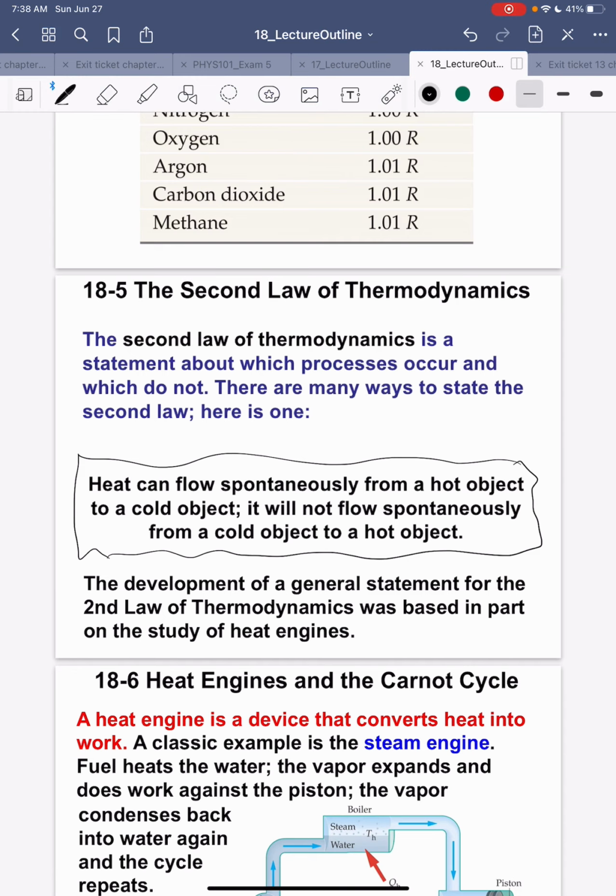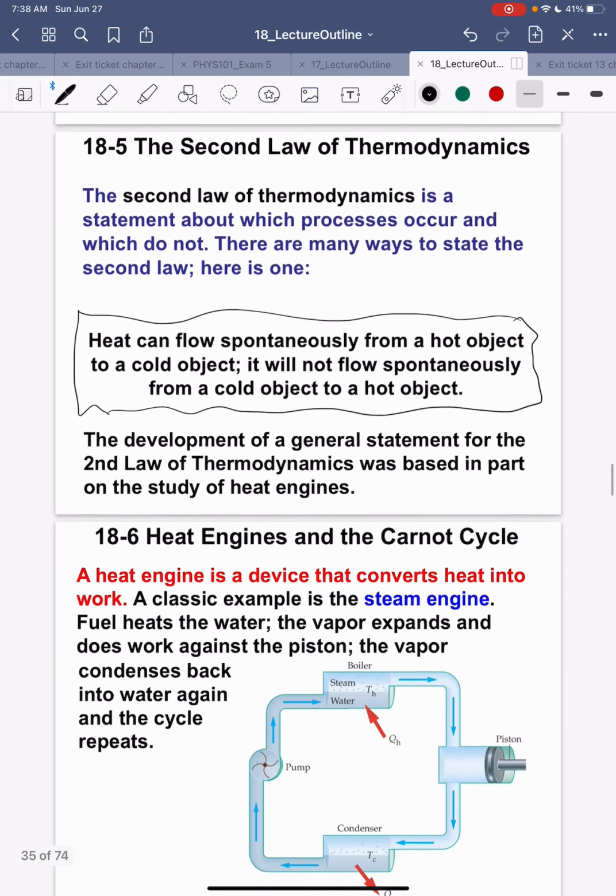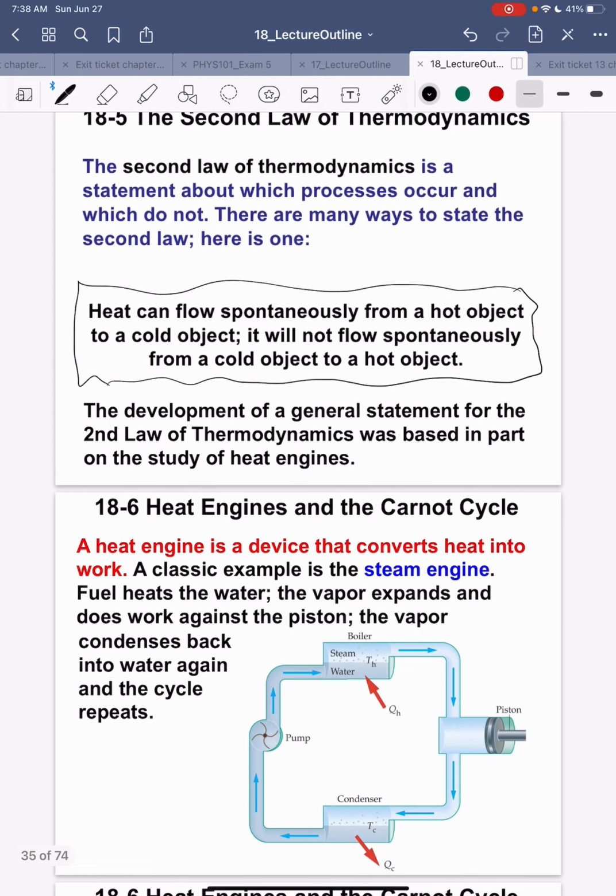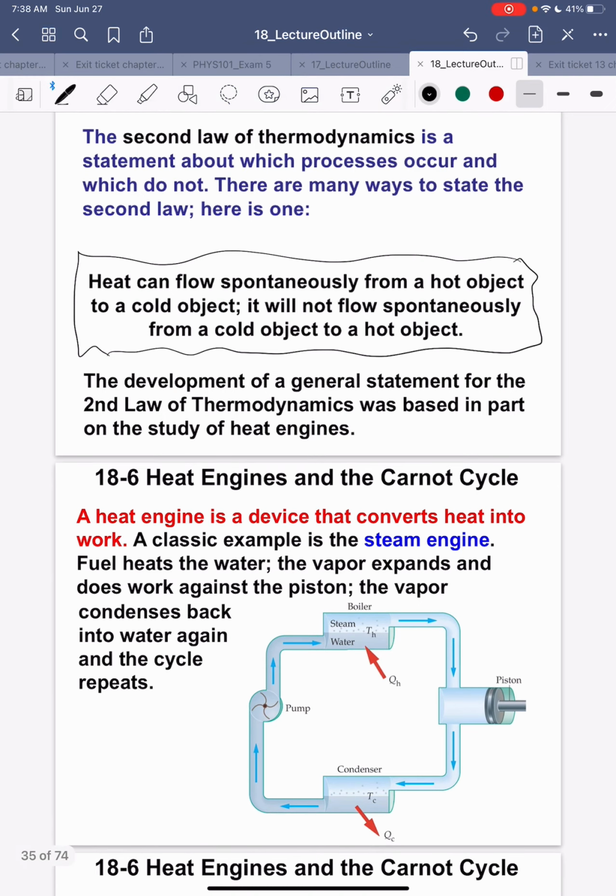Now, the development of a general statement for the second law of thermodynamics was based in part on the study of what are called heat engines. And what are heat engines? These are devices that convert heat into work that we can use. One of the most popular examples is the steam engine.